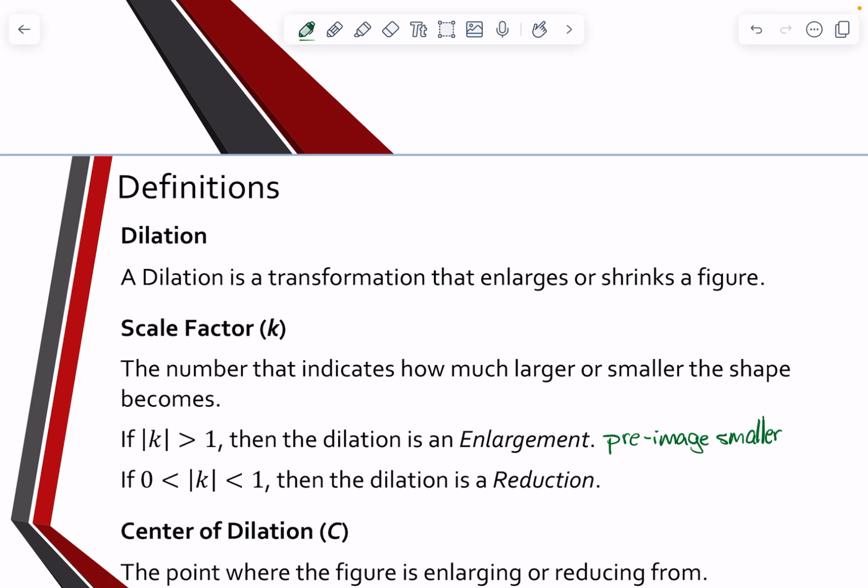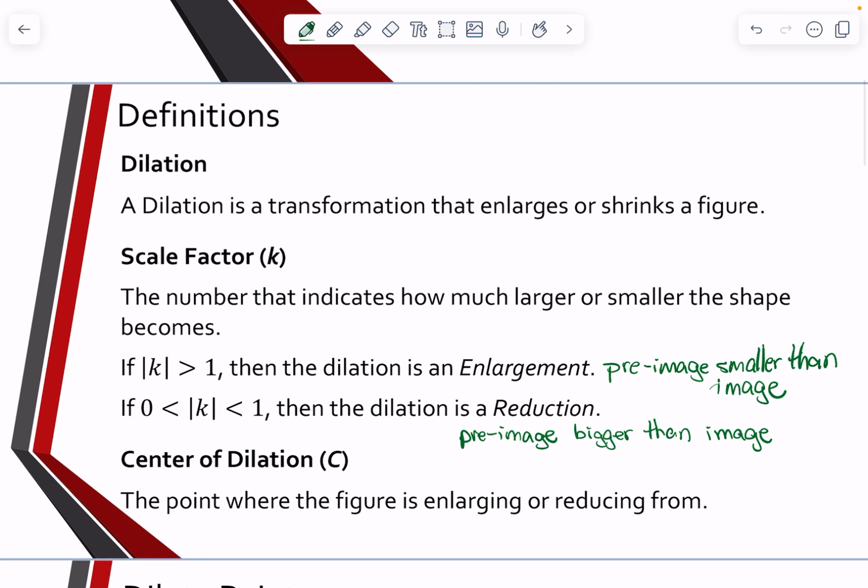If the scale factor is between 0 and 1, then the dilation is a shrink or a reduction. What that means is the pre-image will be bigger than the image. So the figure itself will actually end up getting smaller at that point.